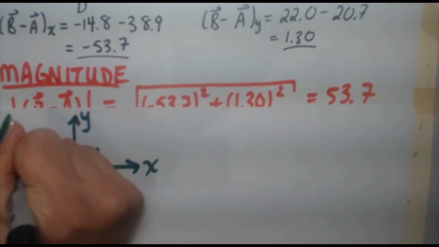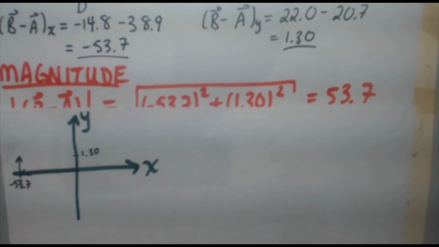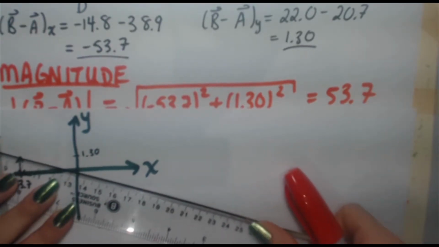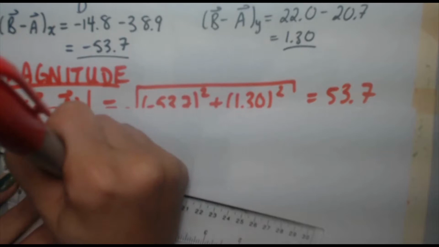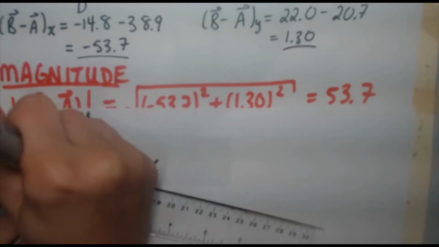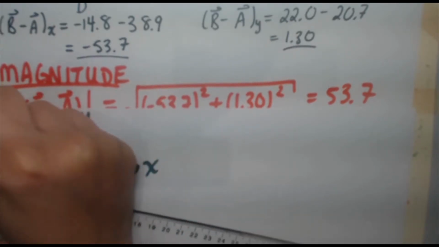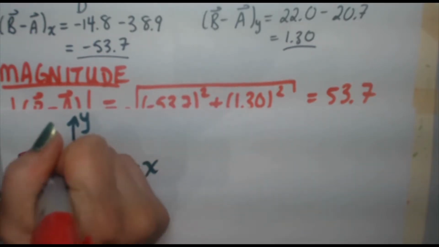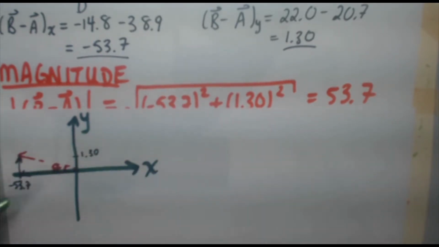Negative in this direction, we go up here, and then making our resultant vector drawn like this, from the tail of the first vector to the tip of the second. And as usual, our theta gets drawn from the hypotenuse to that first vector right there. So there's our theta.